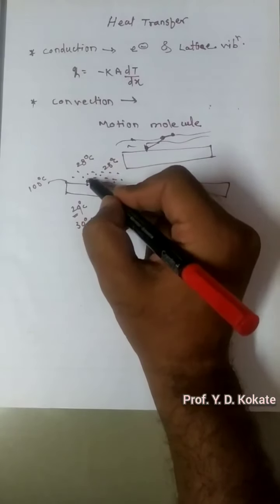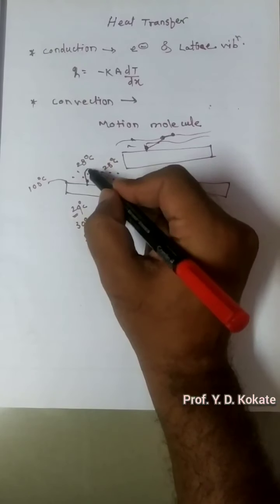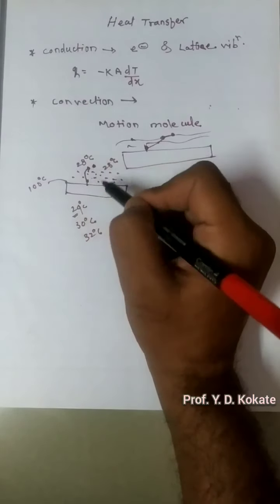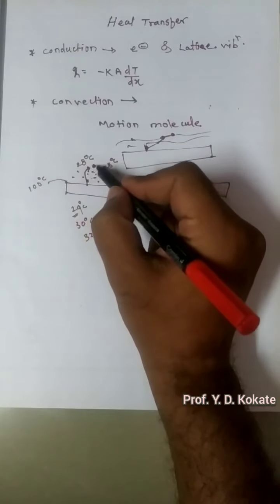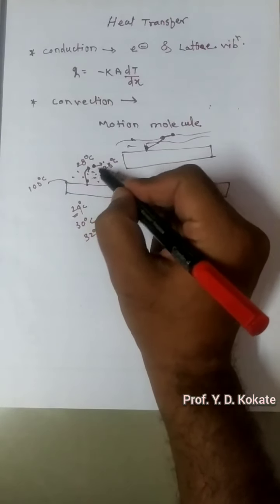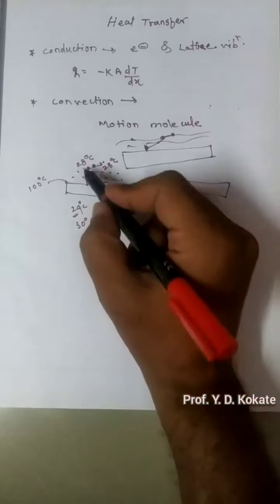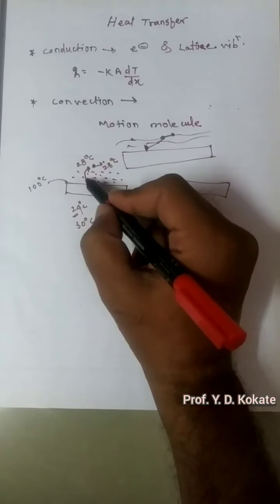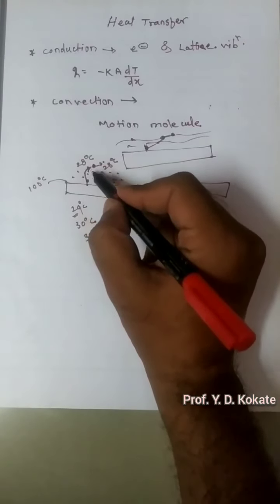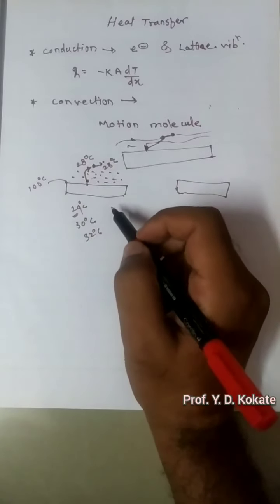Now the density difference will be very large, and due to that this molecule will move from here to the top. Once it moves, it dissipates the heat to the neighboring atom, and then the heat transfer takes place due to the motion of the molecule. Then we call it convection.